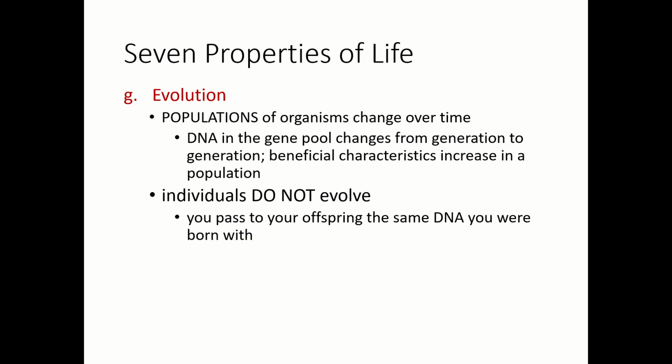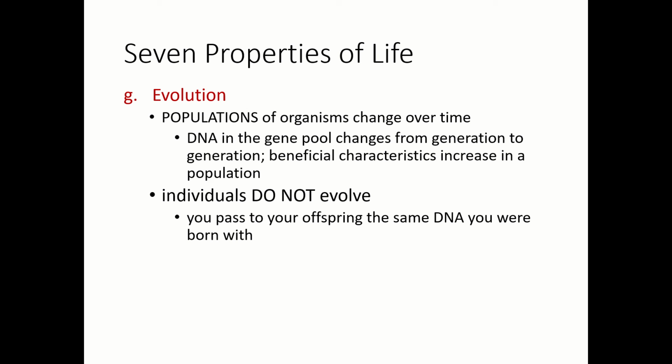The last property of life is the only one that applies only to populations of organisms and not to individual organisms. Everything else applies to each individual in any given species or population of organisms. Evolution is something that individuals don't do, although every individual is the product of evolution.